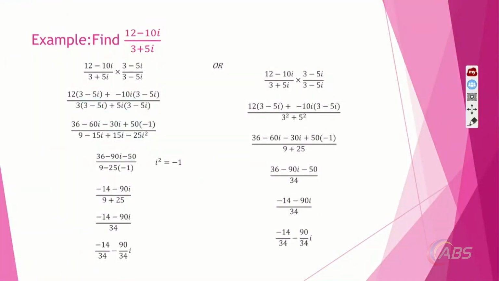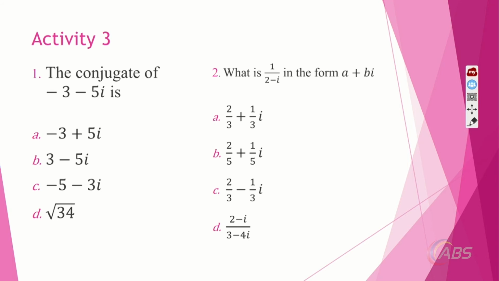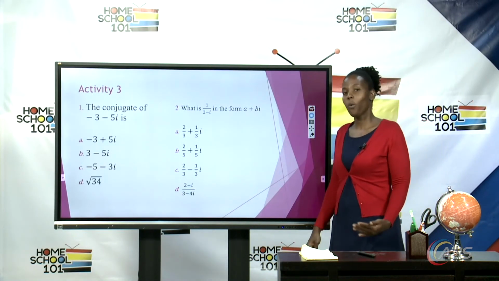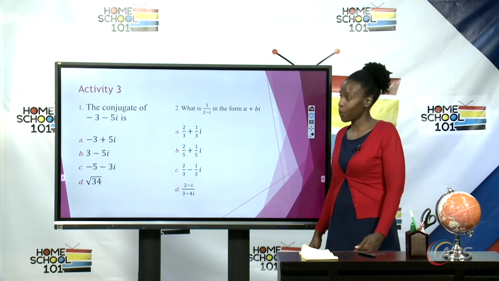So therefore, the denominator becomes 34. Having simplified the numerator, we end up with the same result, which is negative 14 divided by 34 minus 90 divided by 34i. So we will go to another activity that will test how well you grasp the concept that we just went through.